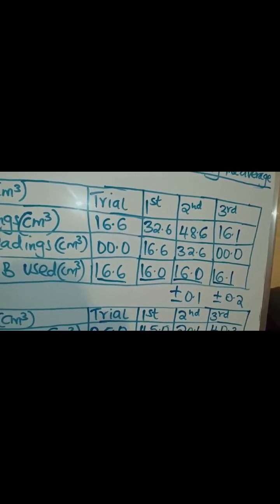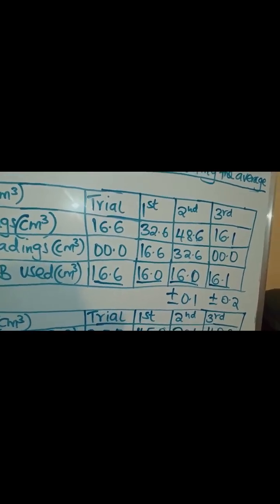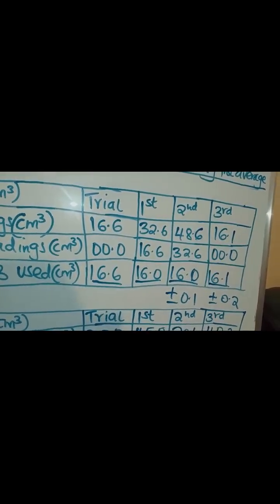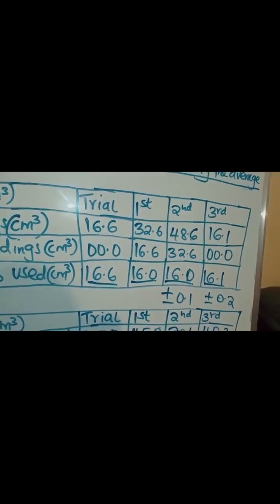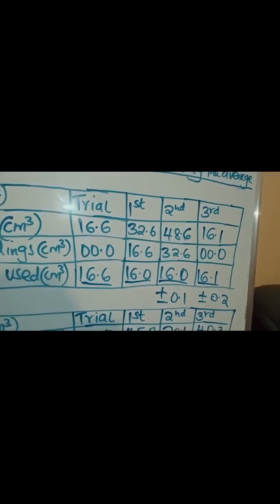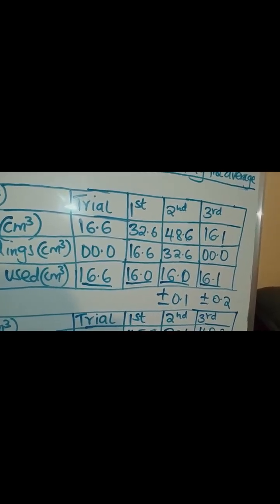If the difference that you get from one value to the next is plus or minus 0.1, that is the smallest difference you should get. If you get a plus or minus 0.1, that means that the values that you have are very accurate.